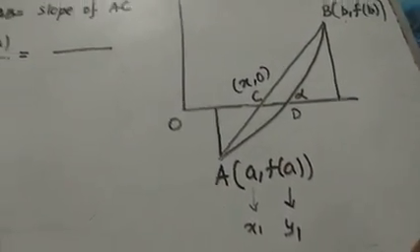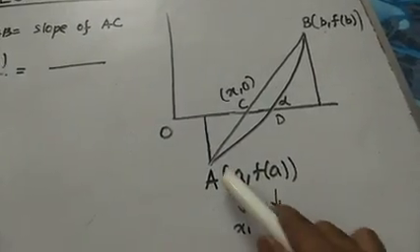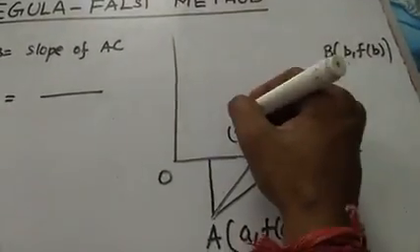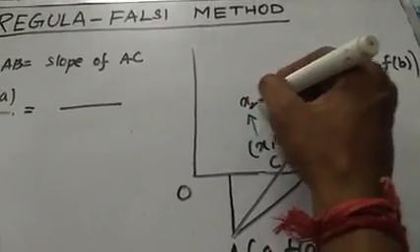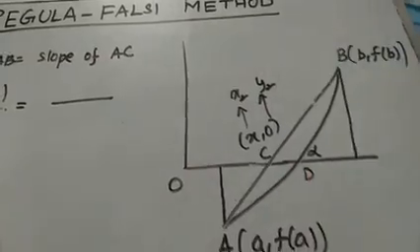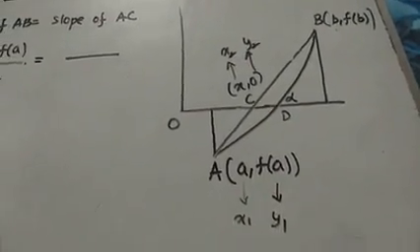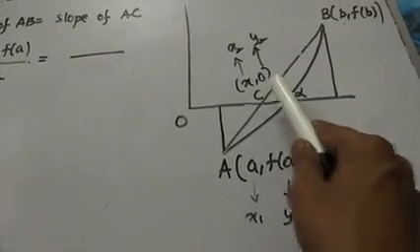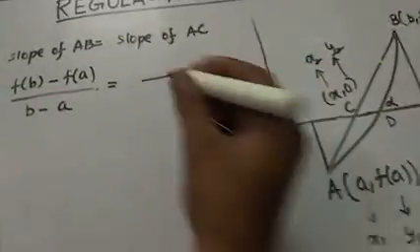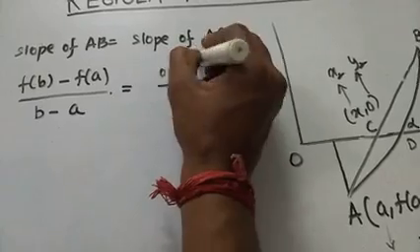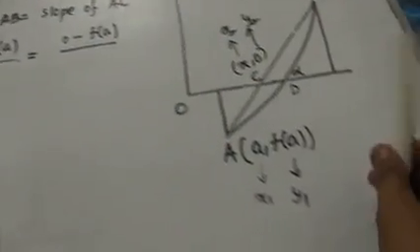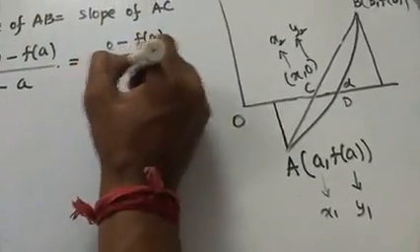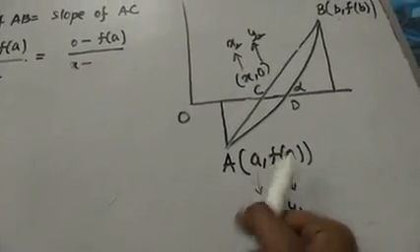Now slope of AC. AC means A point and C point. Now here x1 y1 will be this point, and here this is our x2 and this will be our y2. Okay, so again y2 minus y1, y2 is here 0, and y1 is f of a, so that means 0 minus f of a, over x2, which is here x, minus x1, which is here a.